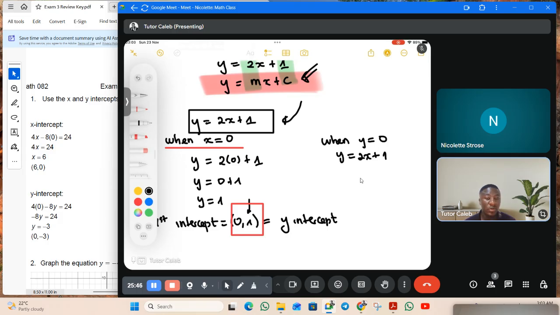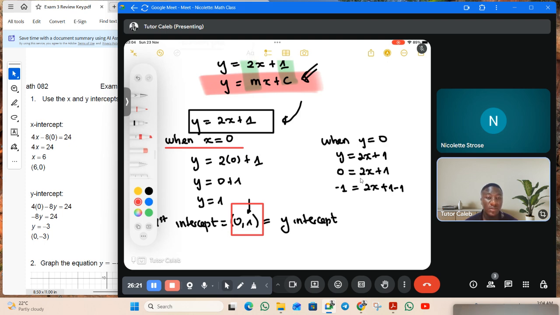So you'll put 0 wherever you find y, and you'll get 0 equals 2x plus 1. Now what you do is that to find x, you are going to subtract 1 on both sides of the equation. When you subtract 1 on both sides of the equation, you will see that this here will cancel each other, and you'll be left with minus 1 equals 2x.